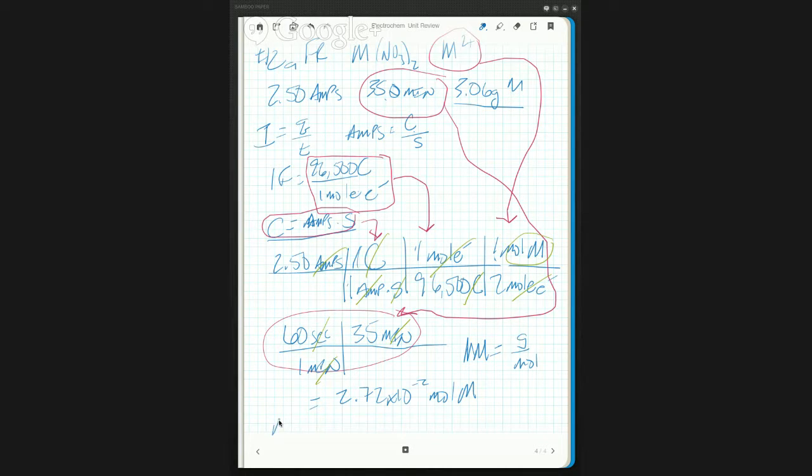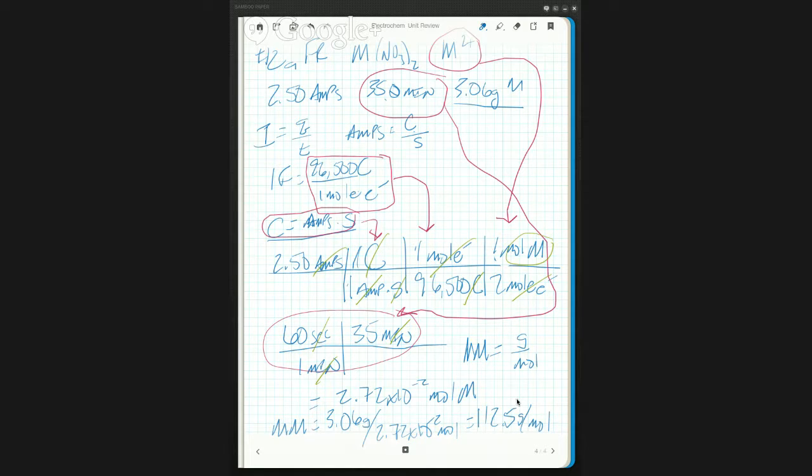So molar mass is equal to 3.06 grams divided by 2.72 times 10 to the negative 2 moles. 3.06 divided by 2.72 times 10 to the negative 2, and I get 112.5 grams per mole.